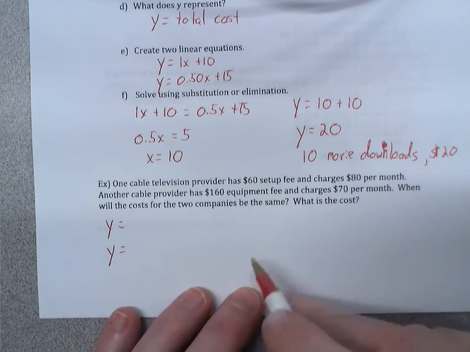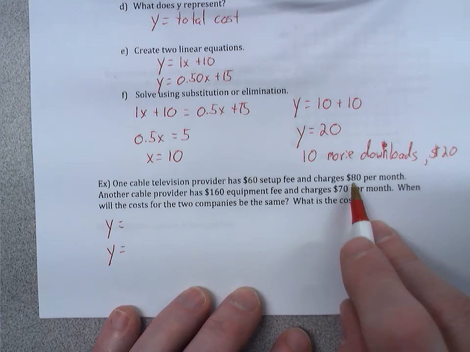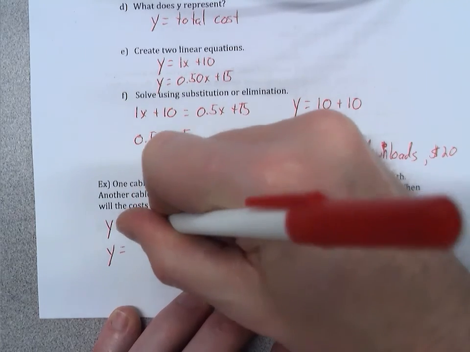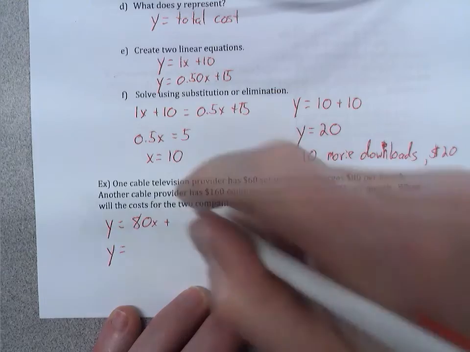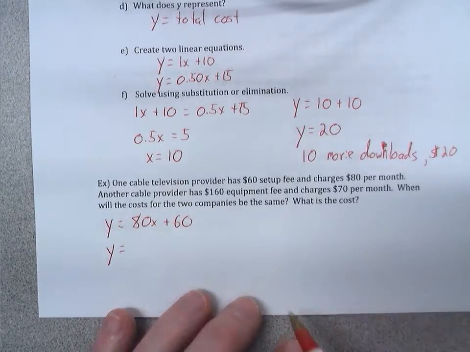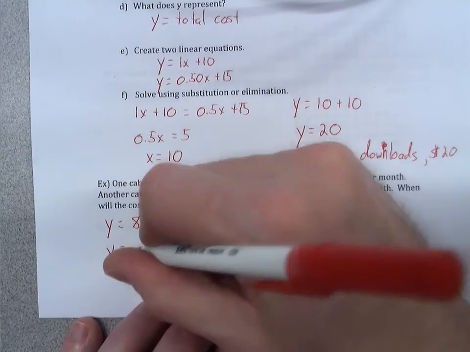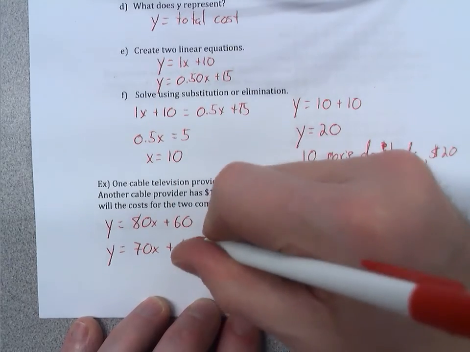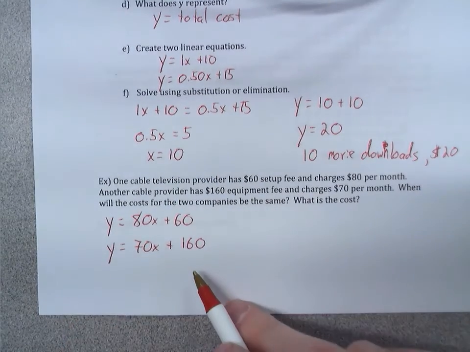The first one is $80 per month, so that's 80x plus the $60 setup fee. And then the other is $70 per month, so 70x plus the $160 fee.